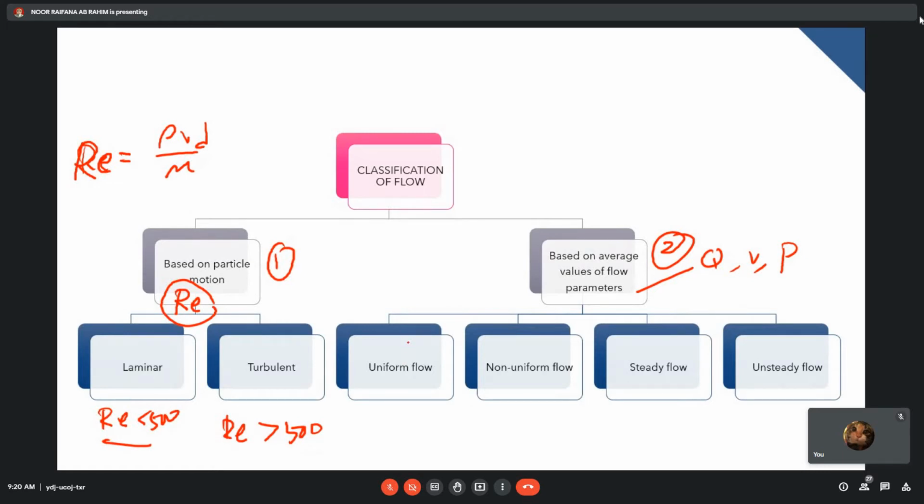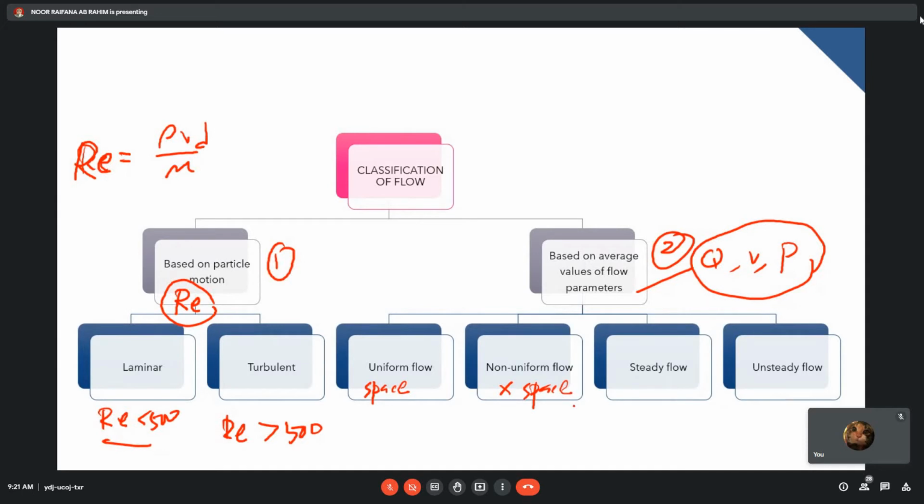Okay, so for uniform flow, ni kena tahu juga apa dia uniform flow, apa dia non-uniform flow, steady flow and unsteady flow. You just tahu sedikit pun jadilah, sebab maybe kadang-kadang soalan final dia tanya teori juga. So kena tahu, uniform flow ni maknanya flow parameters, the discharge, the velocity and the pressure will remain constant with space. Then for non-uniform flow, the flow parameters do not remain constant with space.